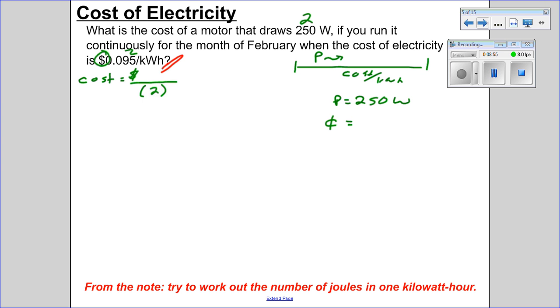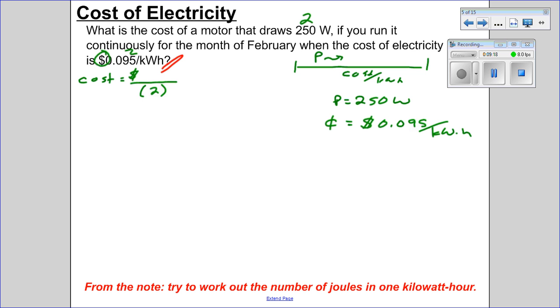And that's going to be $0.095 per kilowatt hour. Okay, so this is where we get our formula. This is how we start to work out our formula. This is a little bit of a challenging question because I'm expecting you to work out the formula if you don't already know it or haven't looked it up.